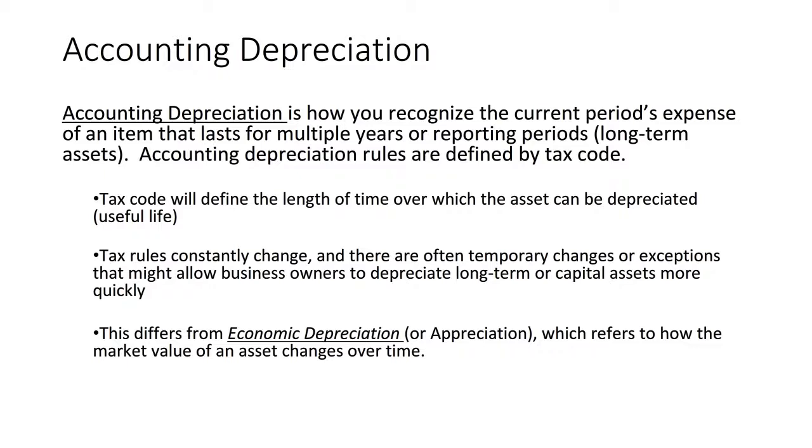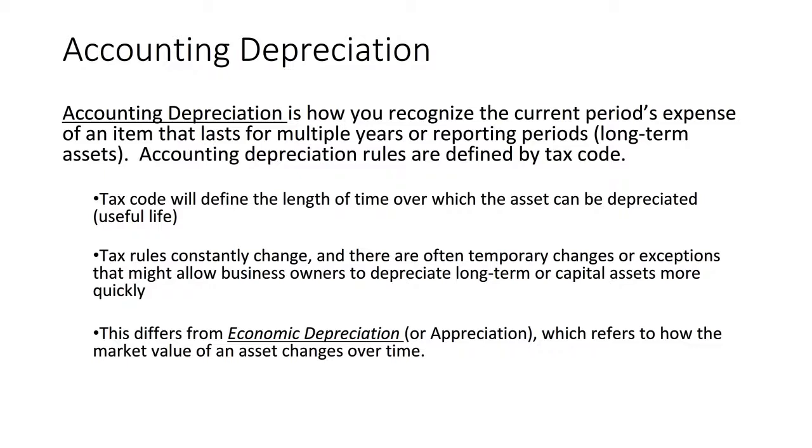So as we'll see in a few minutes, through the example of how an accounting depreciation schedule might work and what it might look like, accounting depreciation is purely how a business recognizes the expense associated with an asset over time, whereas economic depreciation or appreciation refers to how the actual value, the market value of an asset might change over time.